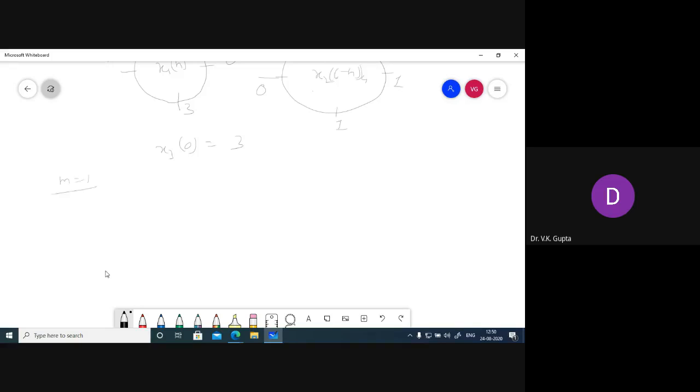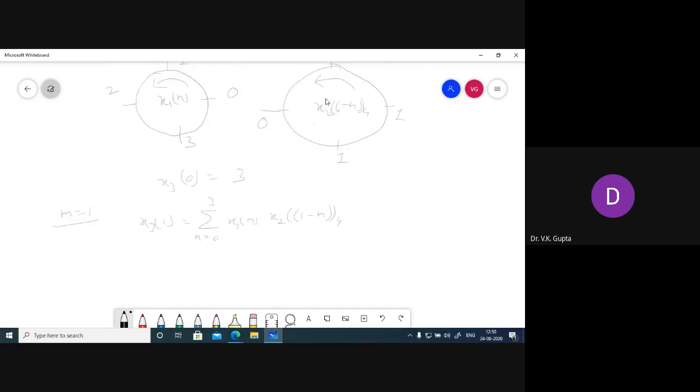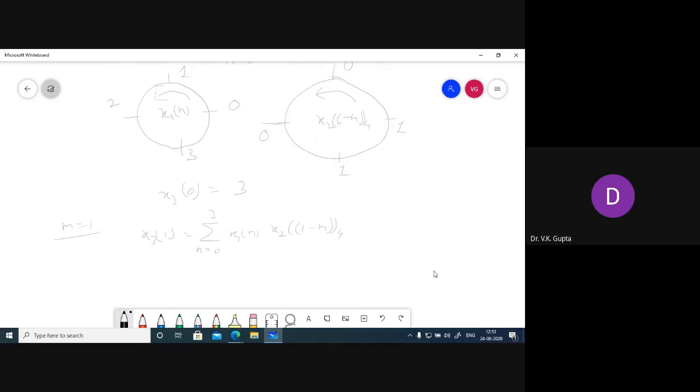Similarly, for m equal to 1, what do we do? x1(n) and x2((1 minus n) modulo 4) means this x2(minus n) is again shifted by one unit and multiplied by this. So let us shift this again by 1 unit. This is your positive direction.